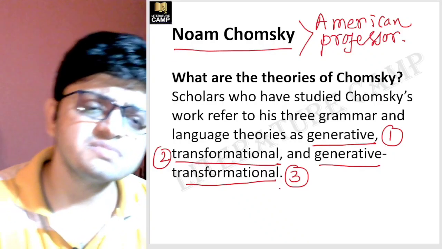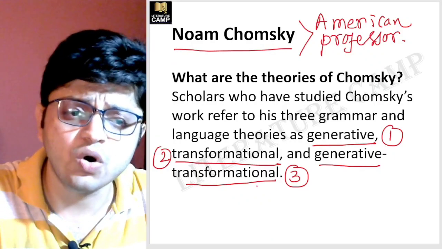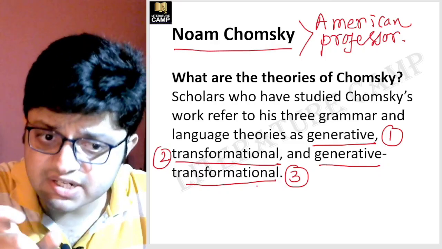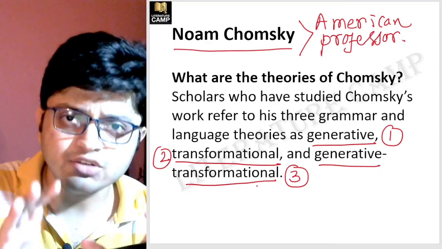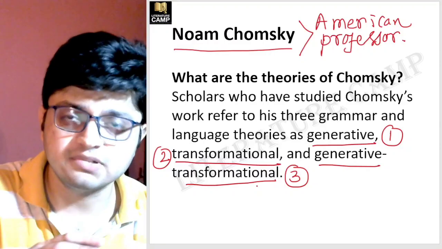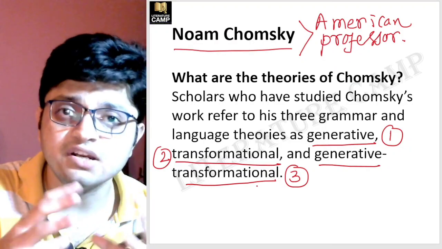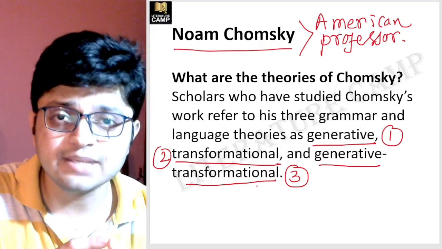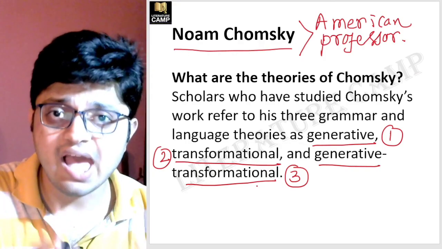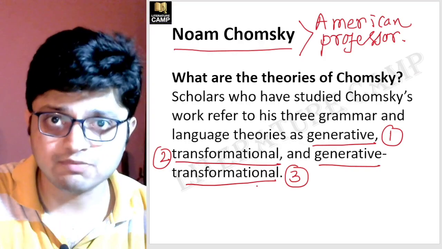All right, but he has given emphasis on the first theory, generative grammar theory. To explain and to defend his concept of generative grammar theory, he has explained the concept of language competence and language performance.